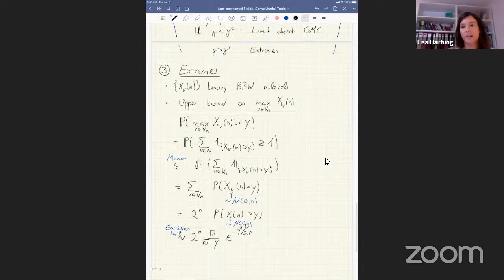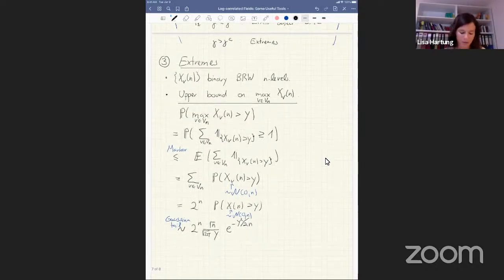And if y is large, this is a very precise thing. Now what we want to do is find y such that this is essentially of order 1.